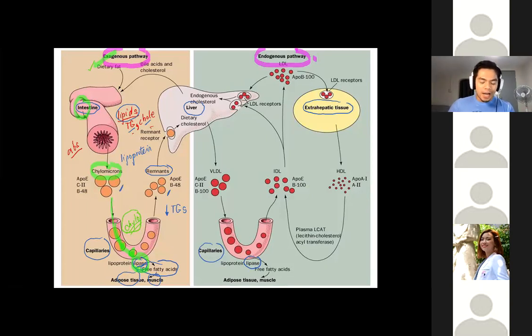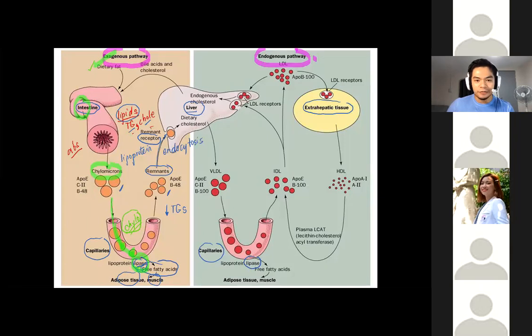Remember, kapag ang chylomicron remnants ay nabuo, kailangan siyang pumunta sa liver. So it will be uptaken by the liver. No problem with this. The remnants could enter the liver through receptor-mediated endocytosis. So the remnants could interact with the receptor found in the liver.